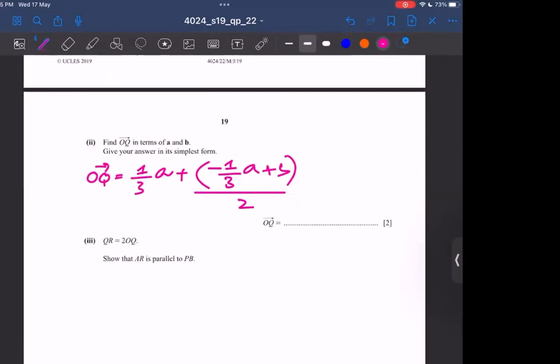That this will become, if you divide -1/3 with A, this will become -1/6, 3 to the 6, and this will become B/2.